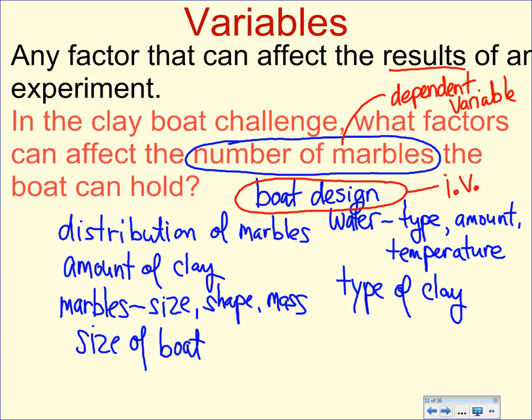What are all of these other things that we just listed? What do we call all of these other variables that we just listed? What's another name for them? Can you guys remember from last year, Claire?